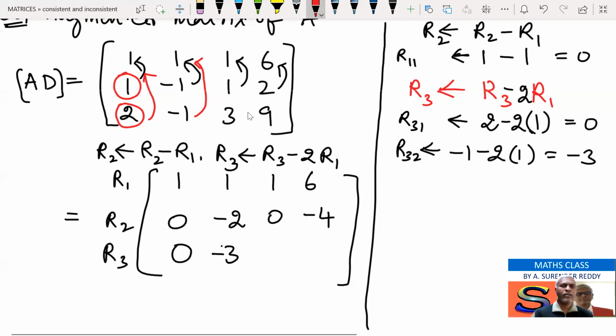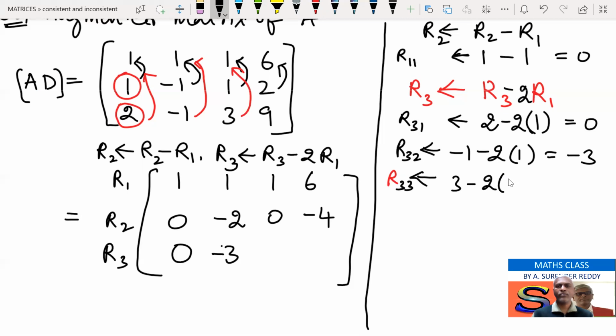Same formula for the third number also. Take 3 and 1 and substitute. This is R3's third number. So R3 is 3 minus 2 into R1. R1 is 1. 2 into 1, 2. 3 minus 2 is 1. So this becomes 1.